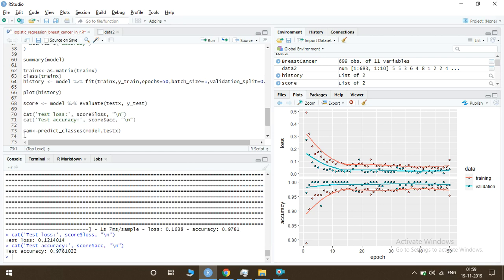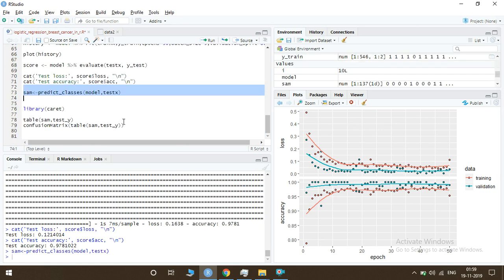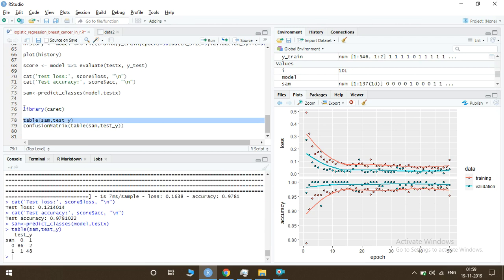Further, if you want to predict the classes, you can predict them by giving the matrix of the independent variables in conjunction with our model, just like the logistic regression. Even without using the library, we would be able to generate a table.